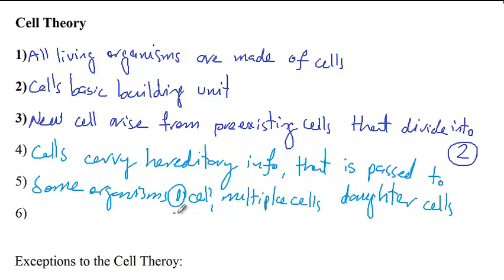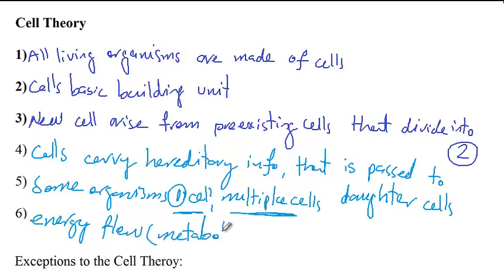So these are unicellular versus multicellular organisms. And finally, modern cell theory states that there is energy flow within cells, or in other words, there is metabolism happening inside cells.